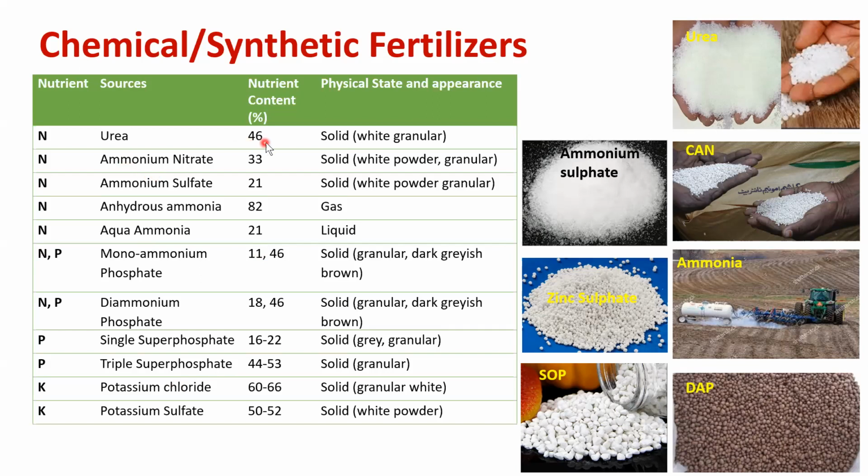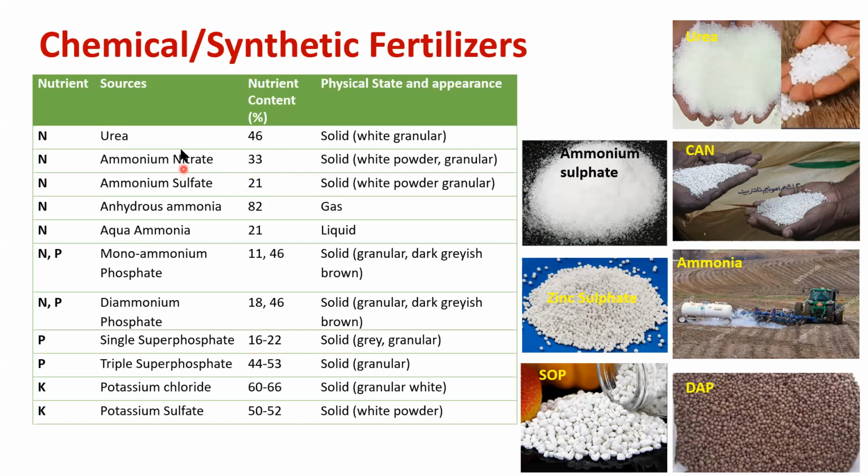Urea is the main source of nitrogen in agriculture, especially in Pakistan. It has 46% nitrogen. If a bag is 50 kg, it means you have 23 kilograms of nitrogen in it. Ammonium nitrate has 33%.